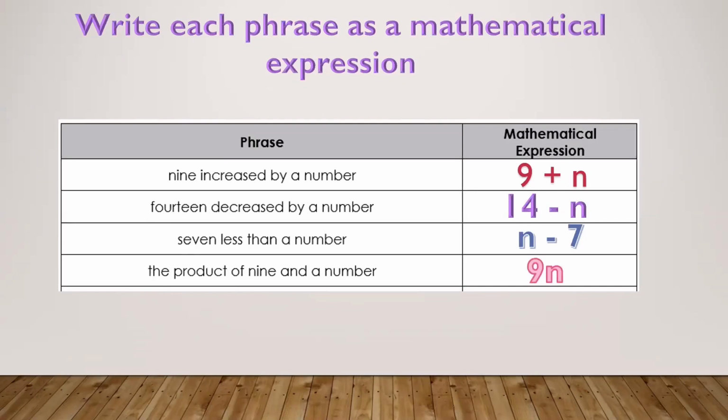So if we're dealing with a number and a variable, we write them right next to each other. No multiplication signs, and we don't ever want to use an x for multiplication. That is out the door, because sometimes x is our variable. So when we're dealing with a number and a variable for multiplication, we write it just like we did here, 9n. It's going to signal our brain that that means to multiply.